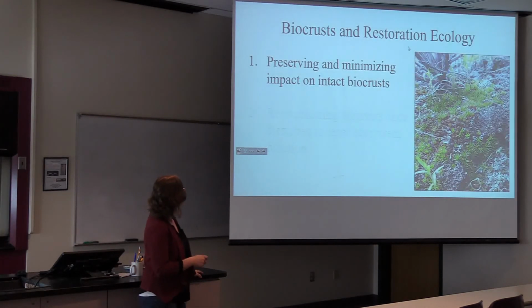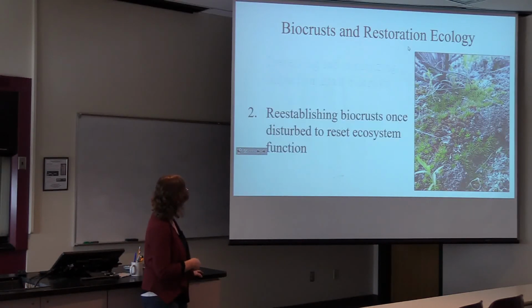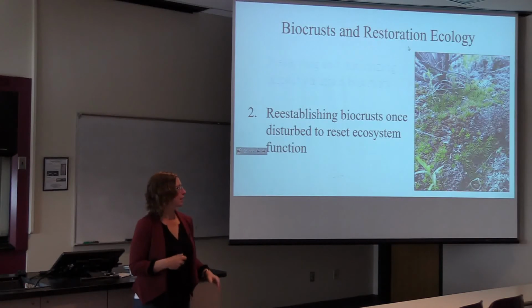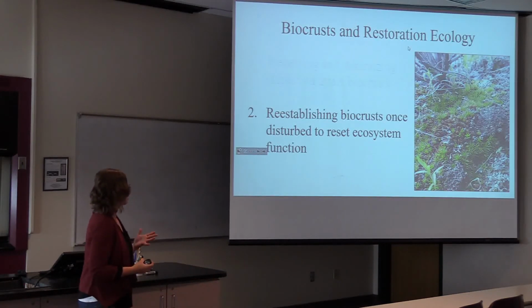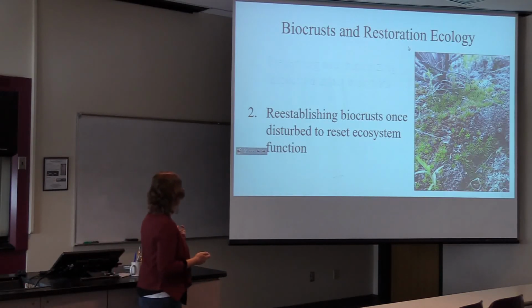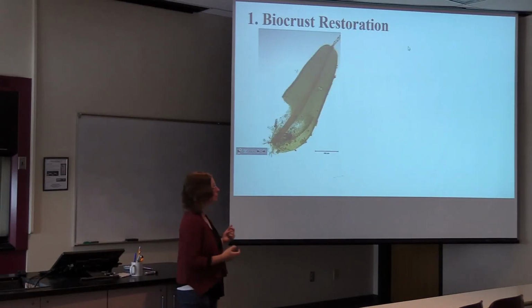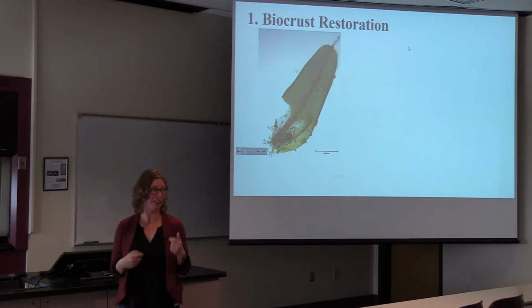And so I've talked through these first three experiments, and now I want to move into things we're doing to understand how to reestablish biocrust once they're disturbed. So this is where I said mosses are burly, and let me explain why.